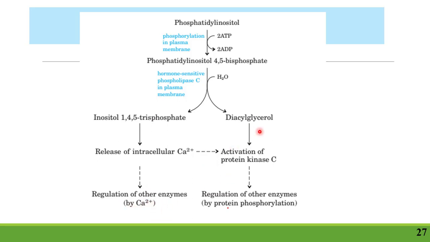Also, diacylglycerol activates protein kinase C, which can also be activated by calcium. And finally, diacylglycerol and calcium regulate other enzymes by protein phosphorylation, which you can see in some enzymes such as glycogen phosphorylase.